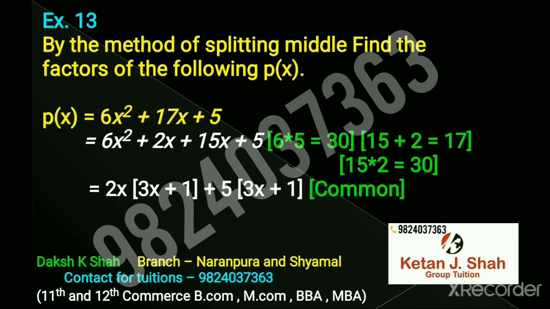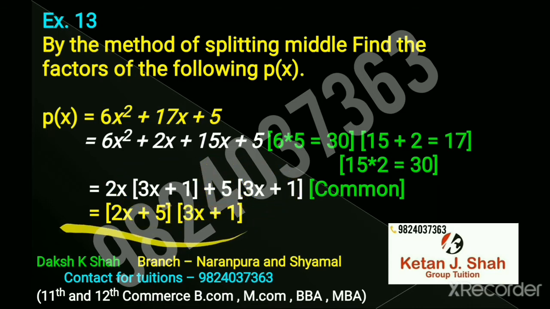And at last you should get 2x plus 5 and 3x plus 1, with 3x plus 1 common. So the factors are 2x plus 5 and 3x plus 1. So that's how you get the factors of a quadratic polynomial through the splitting middle term method.